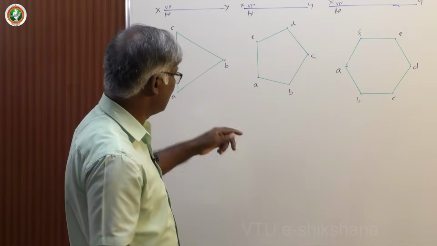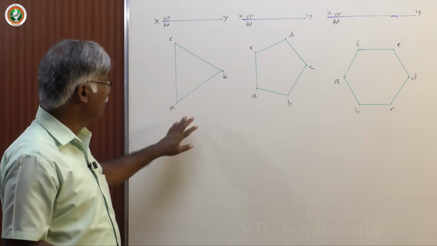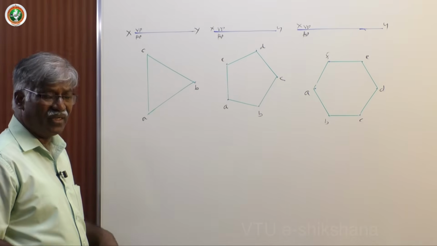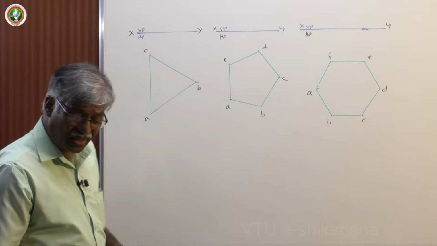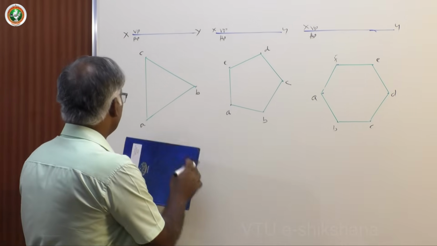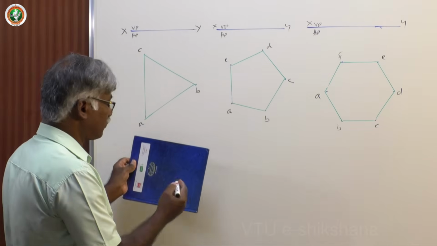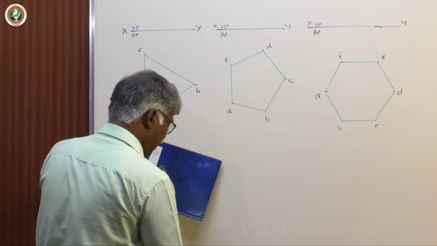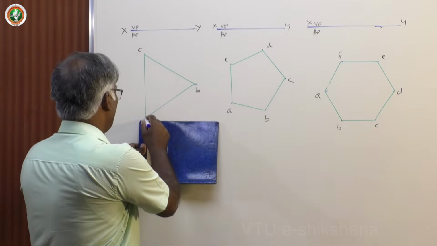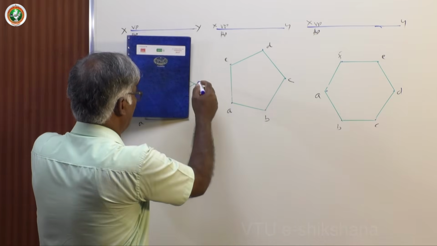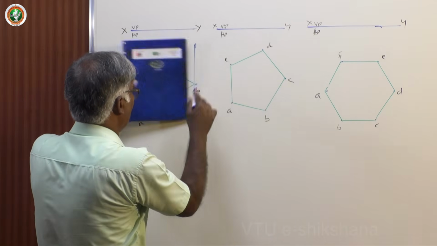Now, I have three shapes. Let me start working one by one. This is the triangle. Again, go for the box method. I have to create a box out of this. So, draw a box. Actually, it becomes a rectangle.